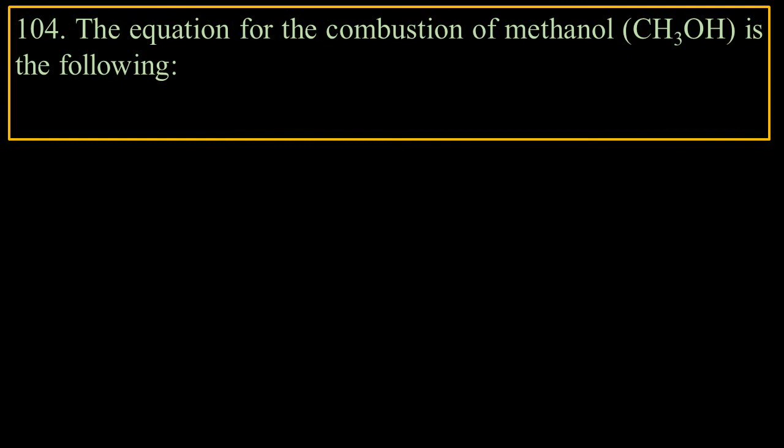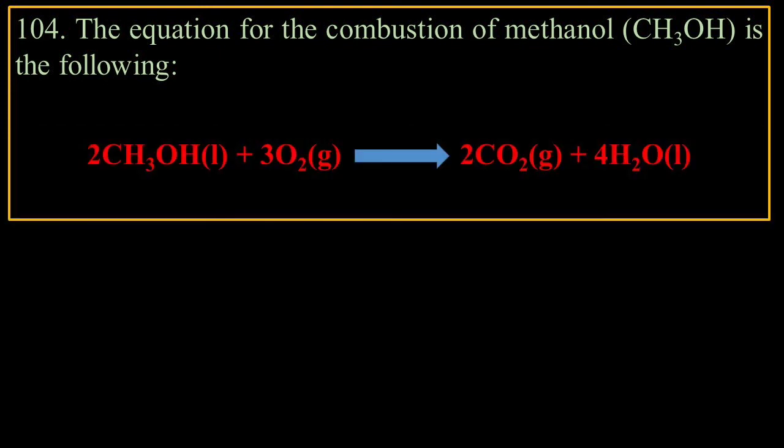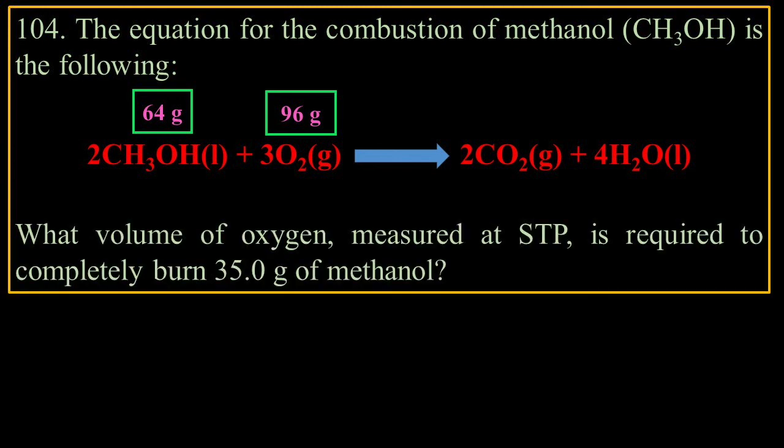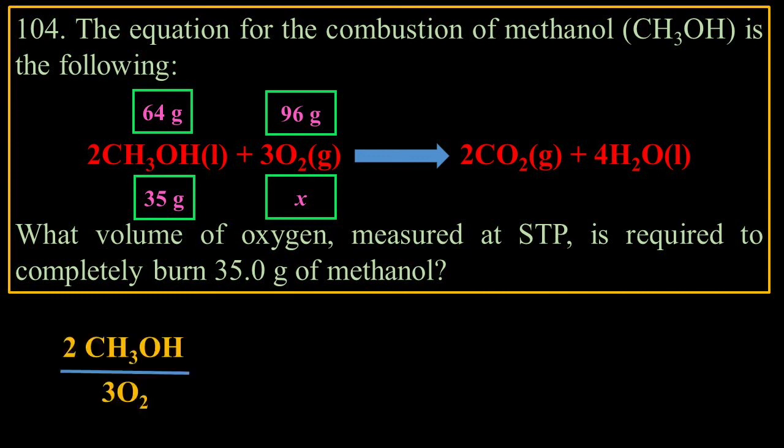The equation for the combustion of methanol. So 2 methanol plus 3 oxygen yields 2 carbon dioxide and 4 water. The stoichiometric masses are 64 grams for methanol and 96 for oxygen. What volume of oxygen measured at STP is required to completely burn 35 grams of methanol? I am not going to answer that question. I'm going to let you answer the question, and I'm just going to roll the problem here and see if you can come up with the answer.